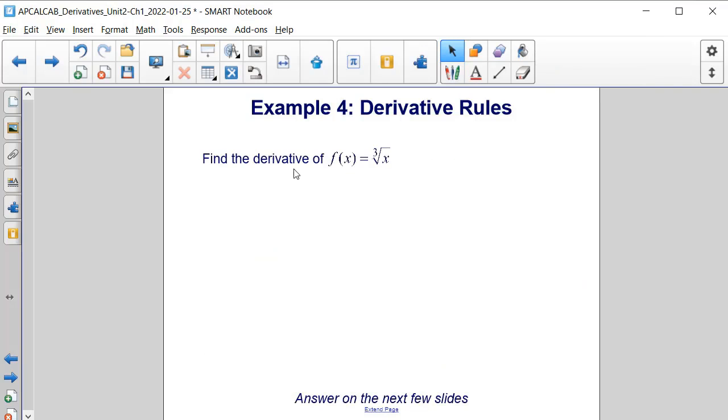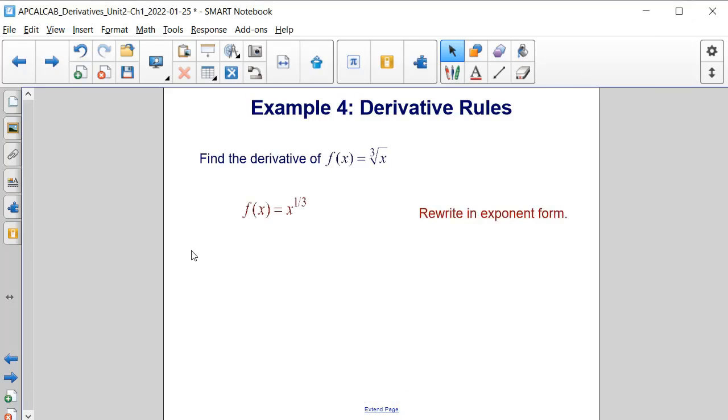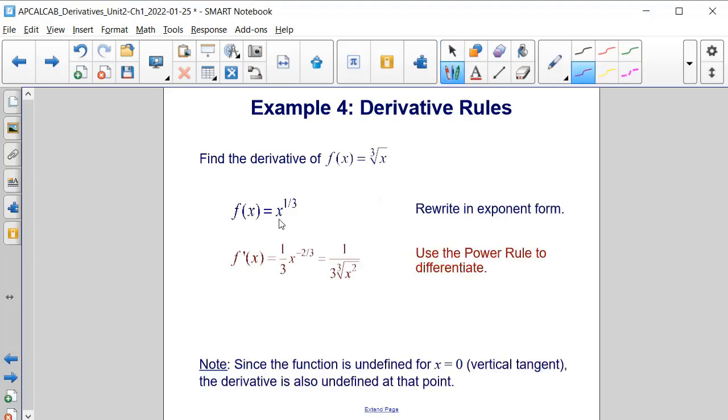Let's try one more. Find the derivative of f of x, which is equal to the cubed root of x. Begin by rewriting the cubed root of x as its exponential form, which is f of x is equal to x raised to the 1/3 power. Now we can apply the power rule to differentiate.